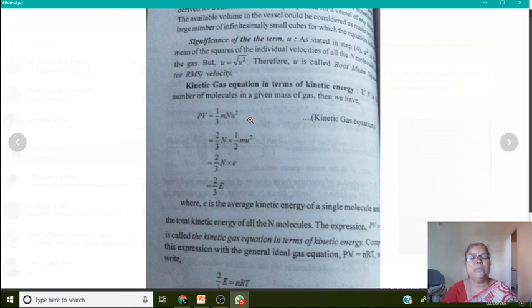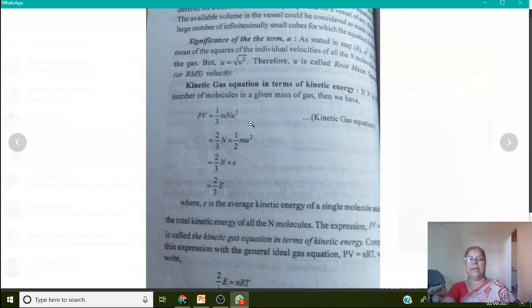modify this equation, or we may write this equation as 2/3 n into 1/2 m u square, and it is equal to 2/3 n into e, where e is the average kinetic energy of a single molecule, and we can write this as 2/3 into capital E, the total kinetic energy of all the n molecules.